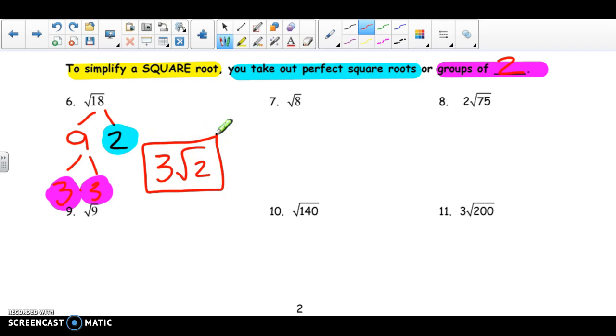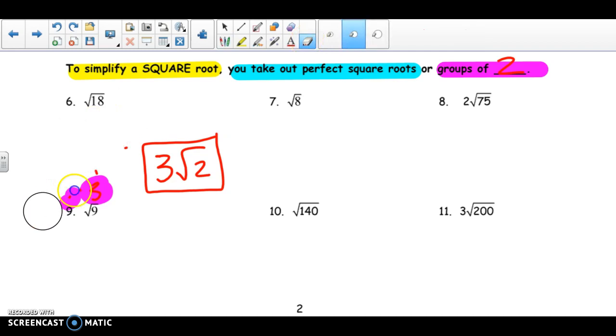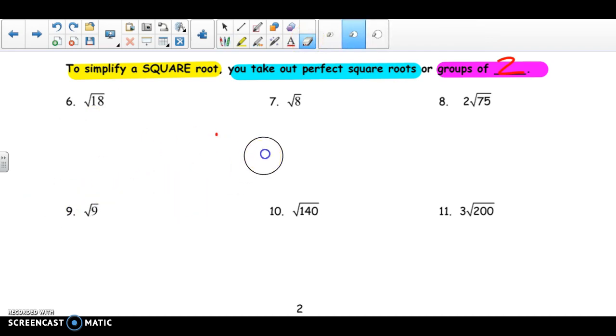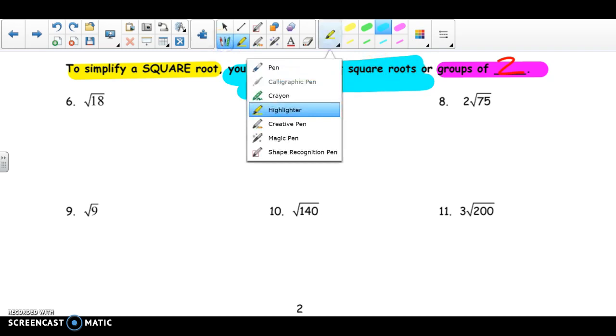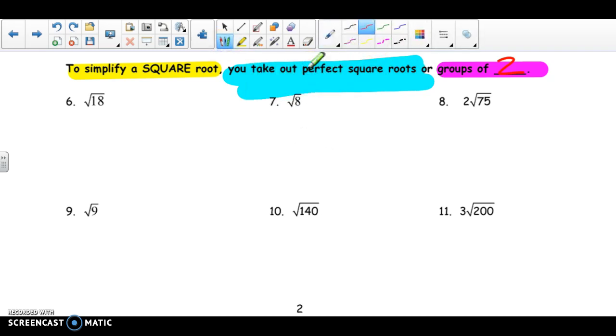All right, let me show you another way that you can complete this problem besides using the calculator. It would be to take out, instead of groups of 2, the perfect square roots. Take out perfect square roots. Well, in this problem, 18 is the same as 9 times 2.